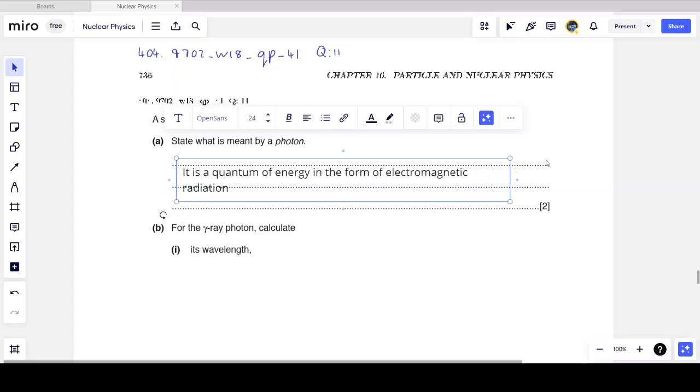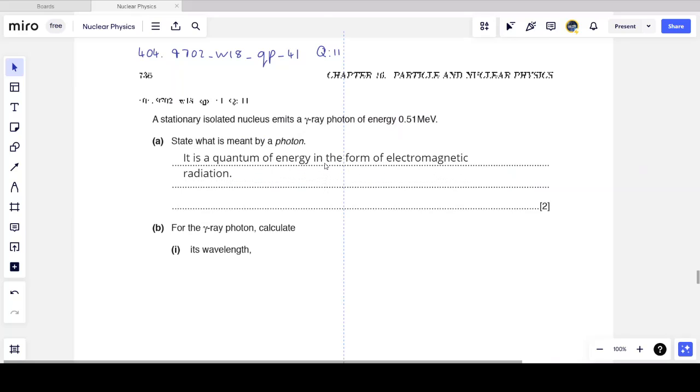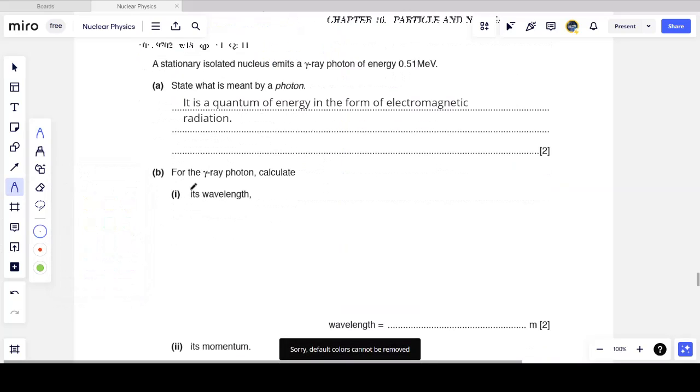So a quantum of energy in the form of electromagnetic radiation is referred to as a photon. So a little bit of going back to quantum physics, you can see that the topics will always be linked. I mean, physics is physics, science is science.